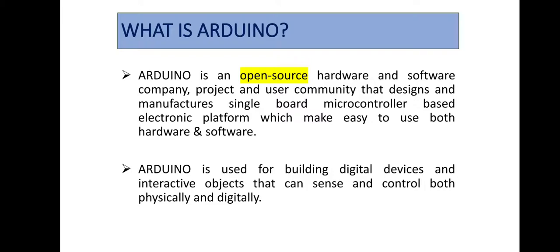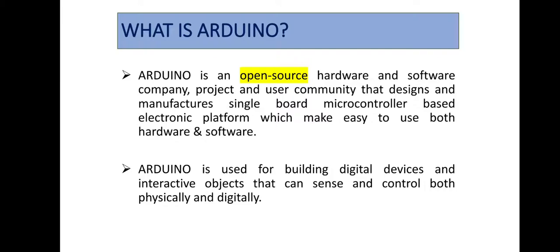So what is Arduino? Arduino is a single board microcontroller that can sense the environment, that can take input from the environment. For example, it can be humidity, it can be temperature. So the Arduino can sense the temperature, the humidity, the smoke or anything you want.